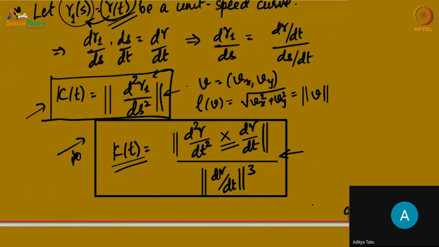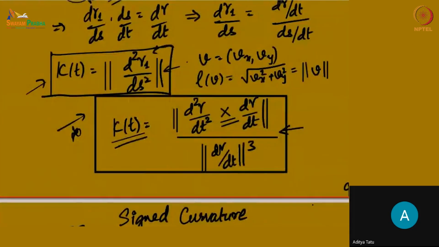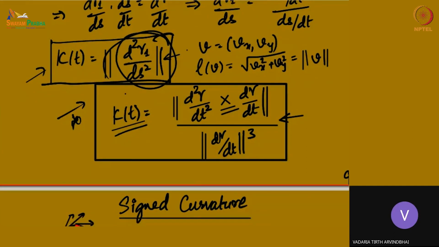Exactly, right. There's no doubt about it. But the question is, how about the vector A? What is the length of that vector called? The curvature, isn't it? Yes, sir.